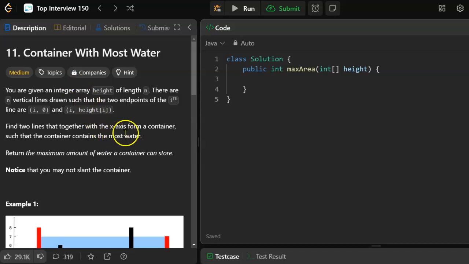You're given an integer array height of length n.